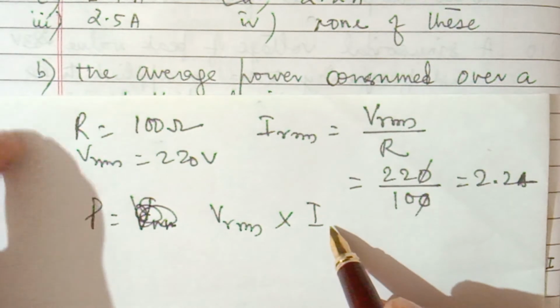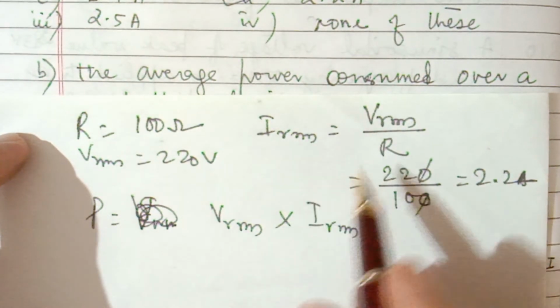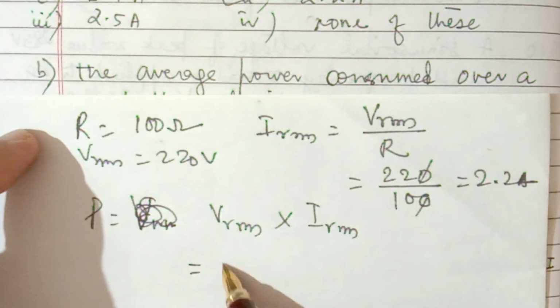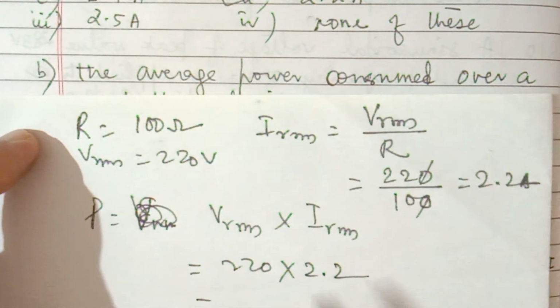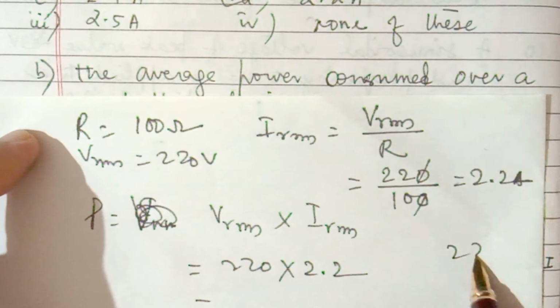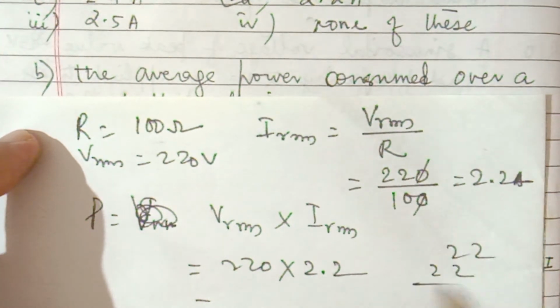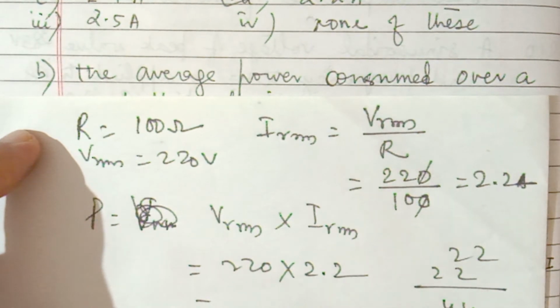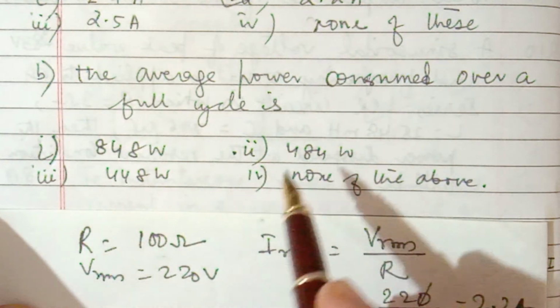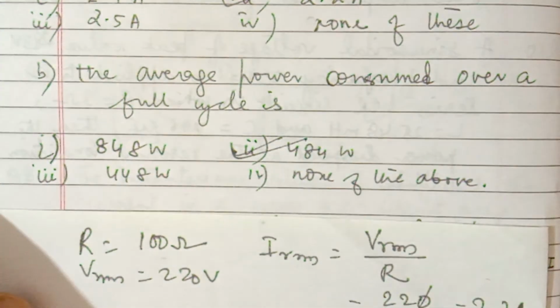Power is equal to V into I. So both the values we have: 220 into 2.2. So 484 watt. So this is correct, 484 watt.